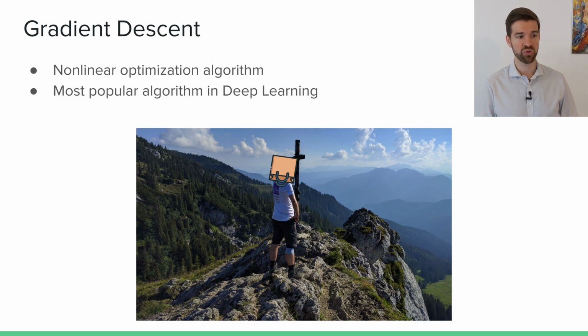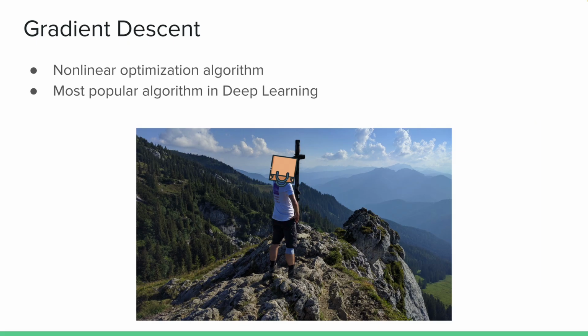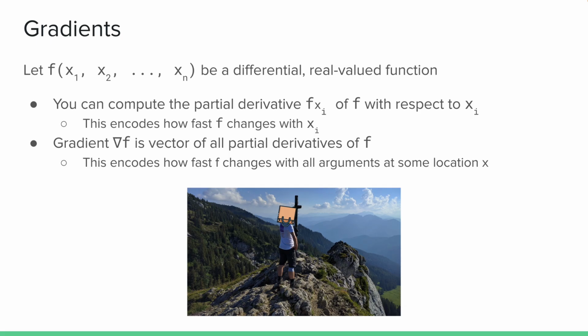However, what you can do is check your surrounding area. You can do a 360 degree turn and check which direction around you has the steepest descent. Once you've found this, you take a small step in that direction. Once you took this small step, you repeat the procedure, and this is fundamentally how gradient descent works. Let f be a differentiable real-valued function, our loss function.